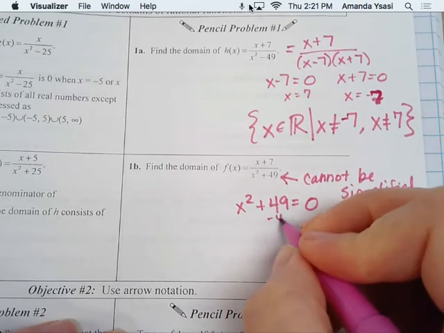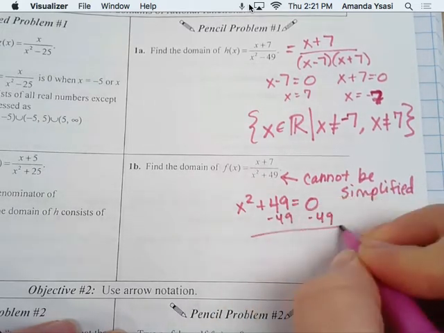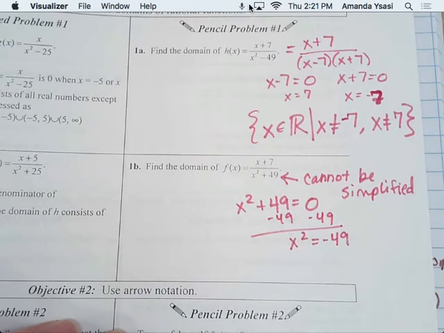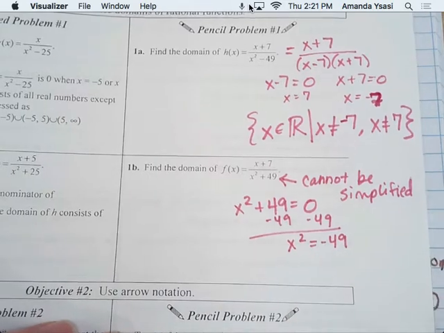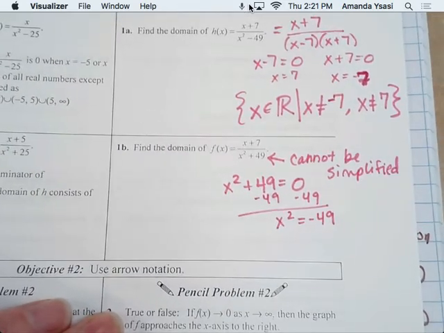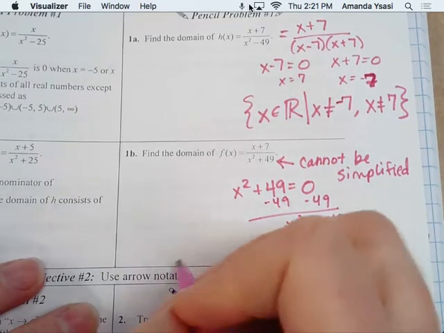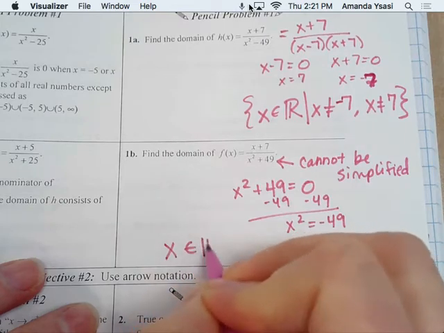You would subtract 49 on both sides, right? You get x squared equals -49. Can you have a square that equals a negative? No. It'd be imaginary, right? It'd be like 7i. So we don't have any domain restrictions. So when we don't have any domain restrictions, then x is just all real numbers.